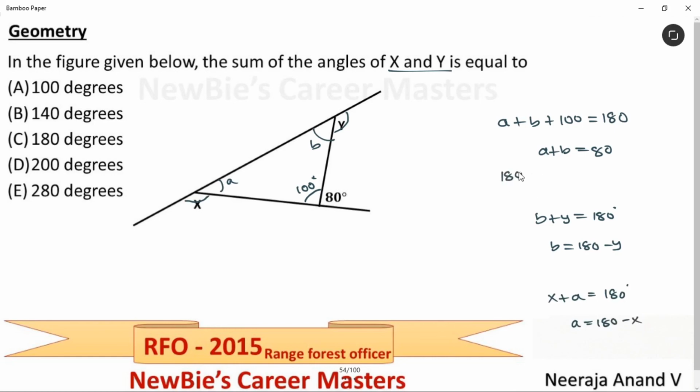A is equal to 180 minus X and B is equal to 180 minus Y, and the sum is equal to 80. Let's simplify here. 180 plus 180, 360 minus X minus Y is equal to 80. X plus Y is equal to 360 minus 80. We get 280. Simple. Option E is the answer for this question.